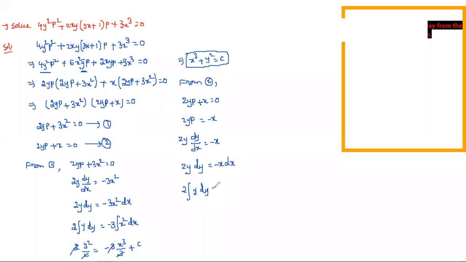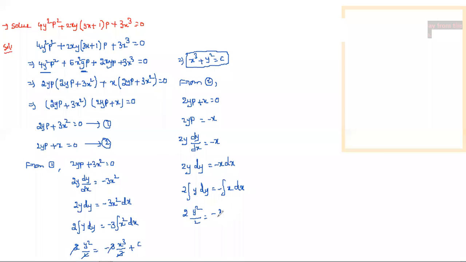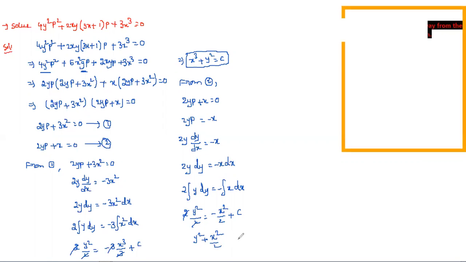Integral y dy is equal to minus integral x dx. And then 2 into y integration is nothing but y square by 2 is equal to minus x square by 2 plus constant c. Here both 2s will cancel, and then we have y square, and take this term also to this side, x square by 2 is equal to c. After taking LCM, simply what we'll get? 2y square plus x square is equal to c. So this is another solution.